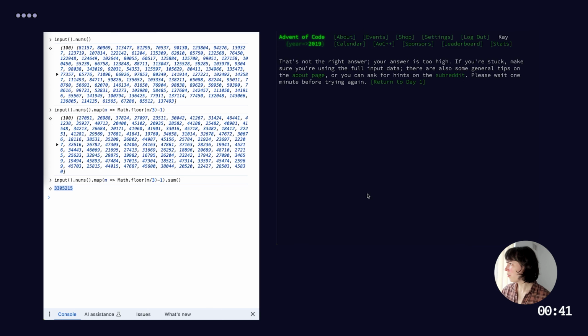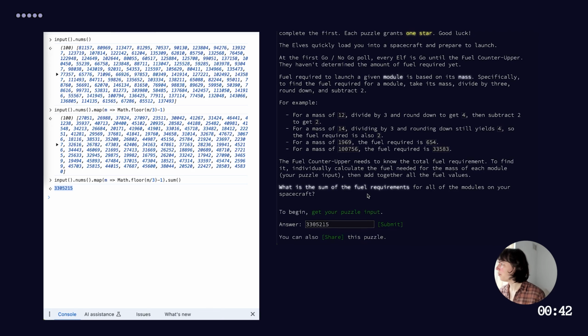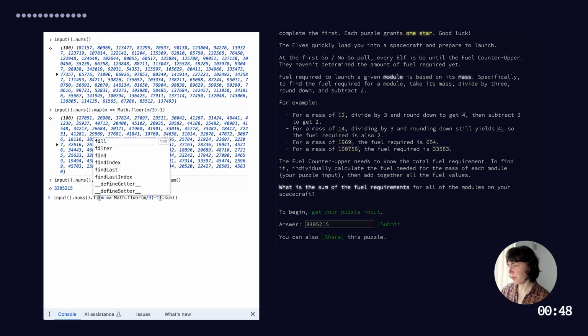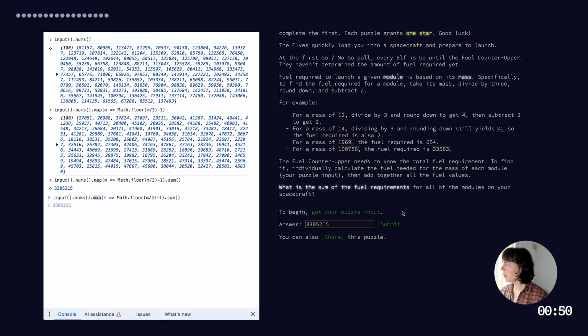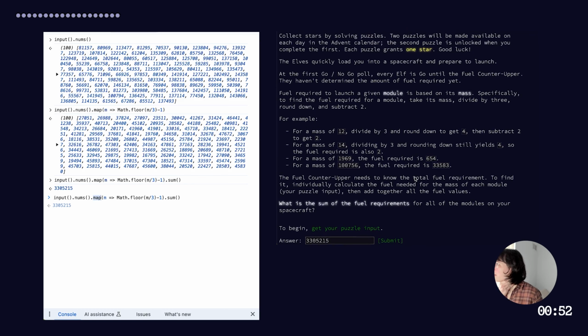But my time is still solid. Let's see if I can somehow notice this and pull it back. Oh, we need to sum. No, wait. Divide by 3 and round down to get 4 and subtract 2. Oh, typo.